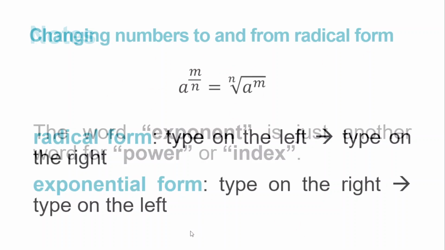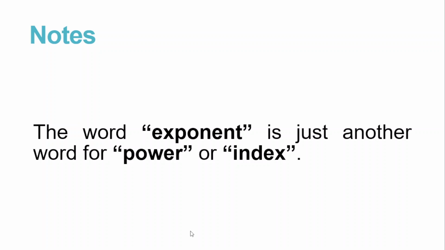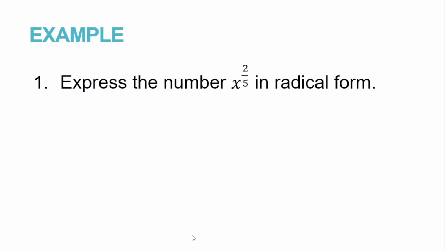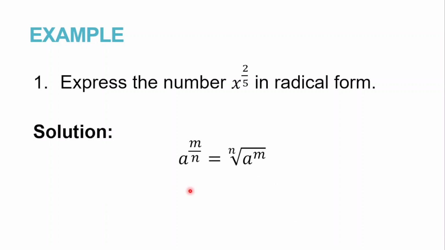So quick note: the word exponent is just another word for power, and index. Okay, examples. So let's express the number x raised to 2 over 5 in radical form. So let's have our formula: a raised to m over n.